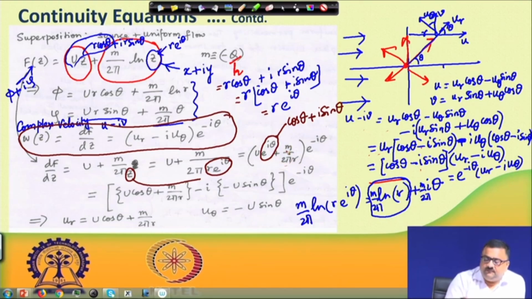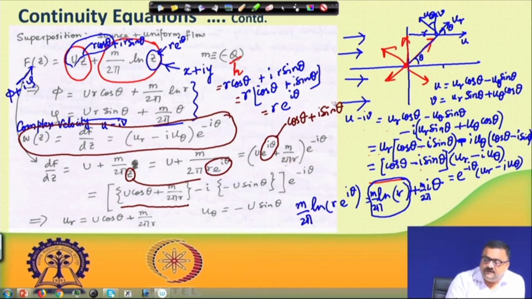So, if we sum up all the real components, the real component would be u cos theta plus m by 2 pi r. That is exactly what we have written here, u cos theta plus m by 2 pi r, this is the real component within this bracket. Whereas, the imaginary component is only this one, because m by 2 pi r does not have any imaginary component.